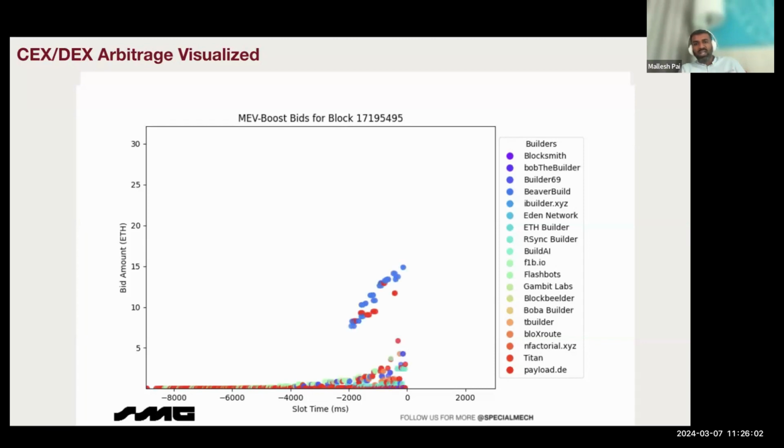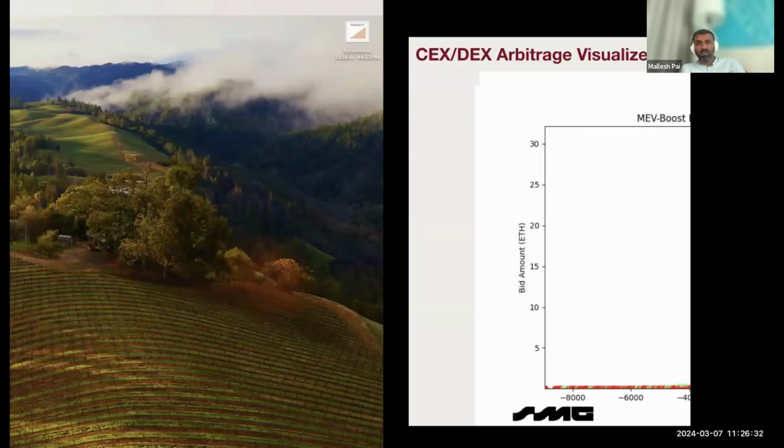The vertical axis is the amount that these builders were willing to bid for the right to win the block, so the right to have their preferred ordering or their additional transactions included. The colors are the different builders. And this is a cherry-picked block in the sense that the winning bid went up to over 25 ETH, which is well over $75,000 at current prices. So this is just a sample auction.